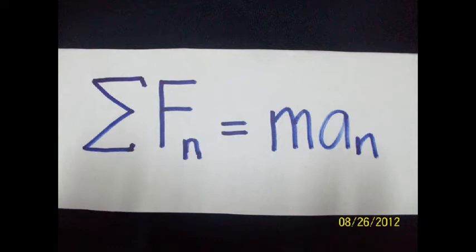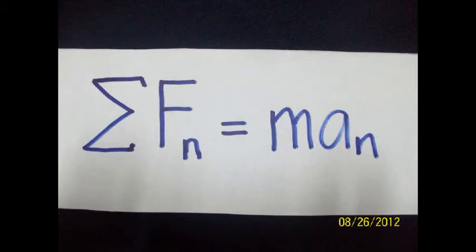So right now, we can actually start setting up our equations of motion. Let us start with our normal axis. The summation of forces along n is equal, of course, to the mass times the acceleration in the normal axis.